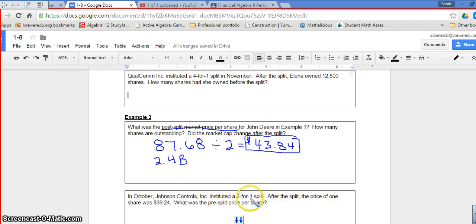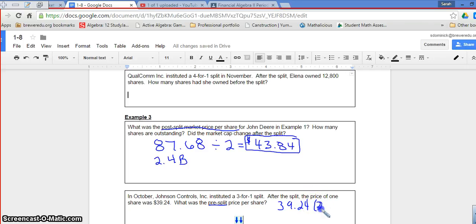So if they cut every 1 share into 3 little pieces, and each piece was $39.24, before the split, right? Pre-split is what they're looking for.